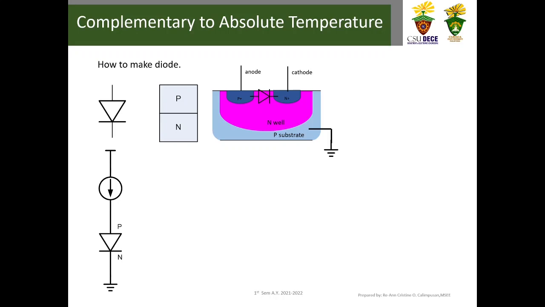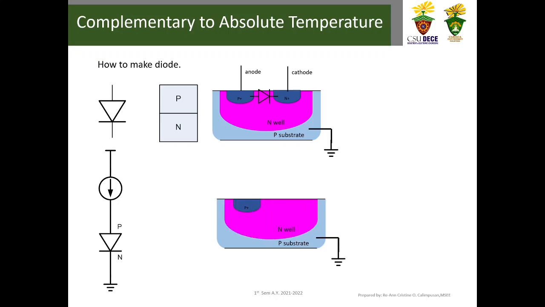In this configuration, we have solved the connection of the anode, since it is not connected to the ground. But there is a problem if you look deeper into the circuitry. It will form a PNP transistor connection, a parasitic BJT specifically.